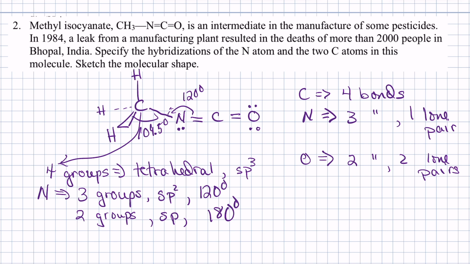All right, and so I've drawn it more or less like it should look. And that is with the tetrahedral structure on the left with a 109.5 degree bond angle, the trigonal planar structure for the nitrogen with a 120 degree bond angle, and the linear structure associated with the carbon with a 180 degree bond angle. So that would be what the molecule would look like.